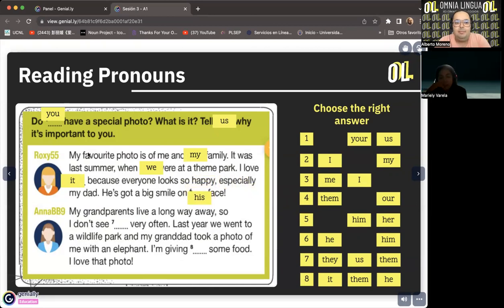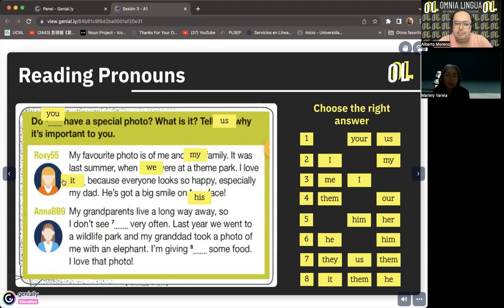After me. My favorite photo is of me and my family. It was last summer when we were at the theme park.